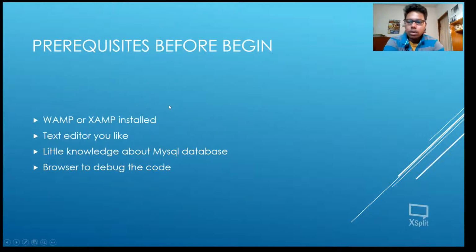And the prerequisites before you begin PHP coding: you need WAMP or XAMPP installed, a text editor you like, a little bit of knowledge about MySQL databases, and a browser to debug the code. That means WAMP or XAMPP is actually used for the full stack. I mean, you don't need to go ahead and install Apache and MySQL and PHP onto the PC.